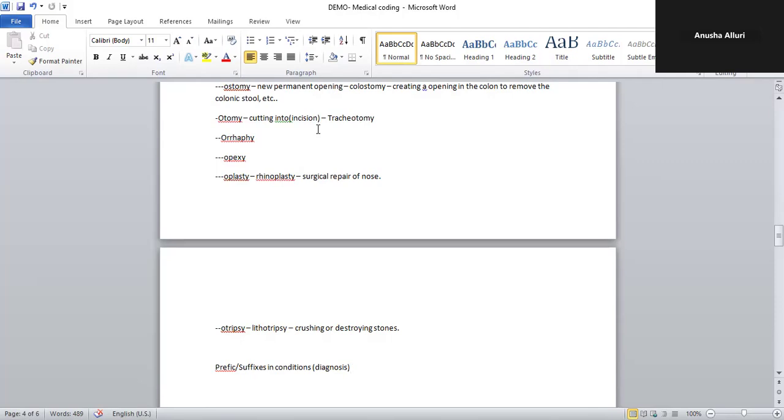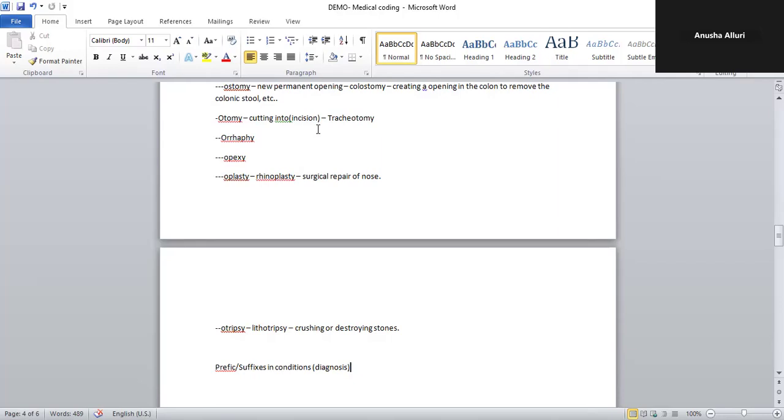Ambi means both. Aniso means unequal. Dis means bad, painful, difficult. Eu means good, normal. Hetero, different. Homo means same. Hyper, excessive. Hypo means deficient, below. Most of the terms are hyper, hypo, iso, megalo, ambi, dysfunctional, dysphoria. We can check these examples in the book also.